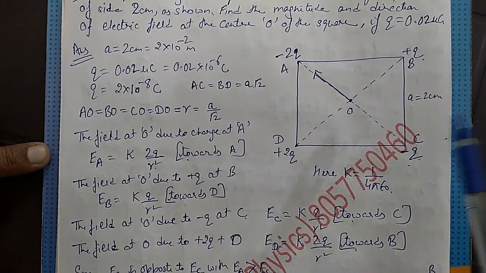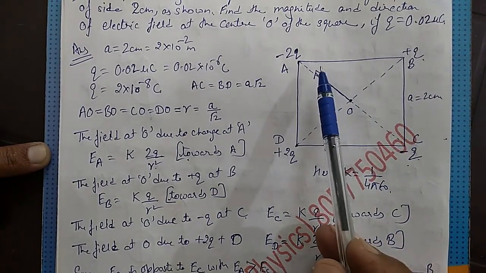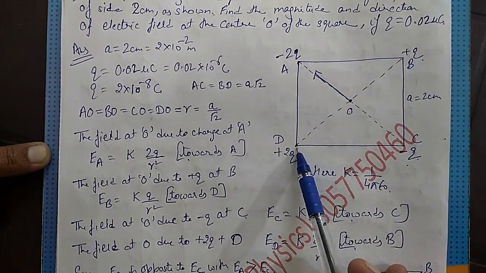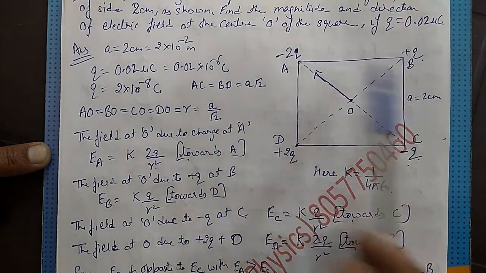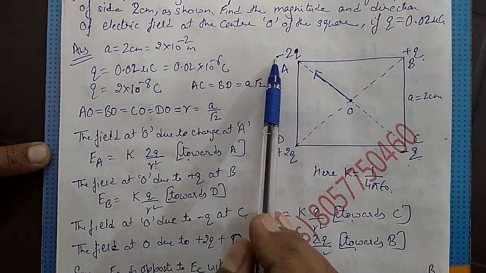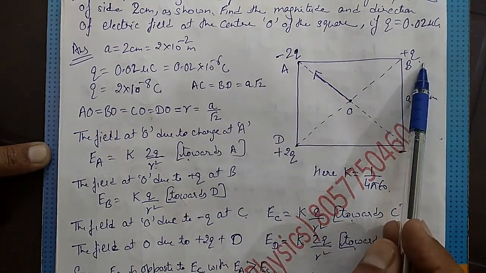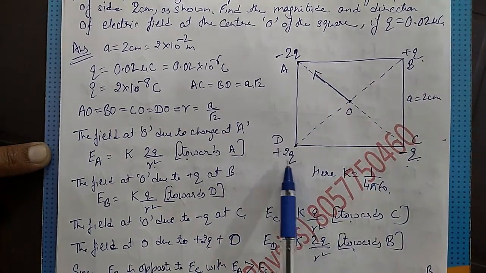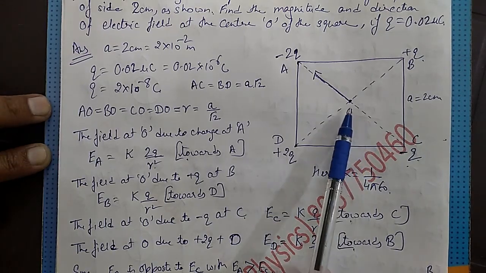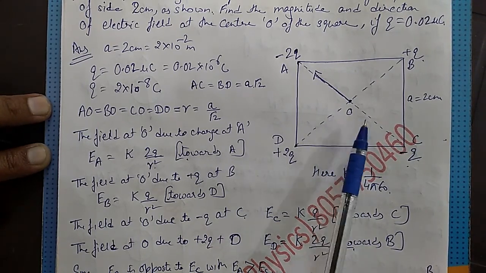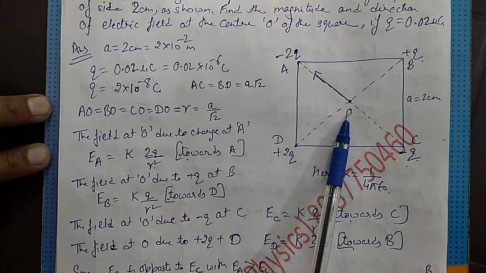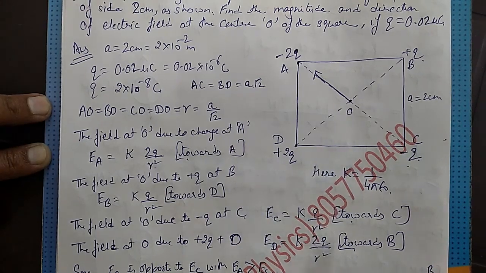Now, if you observe this diagram, we are provided with a square ABCD, and its side is small a equal to 2 centimeter. And the charges are as shown: -2q, +q, -q, and +2q. We have to find the electric field at point O, which is the center of the square.